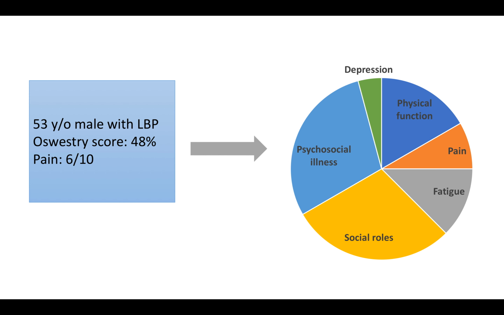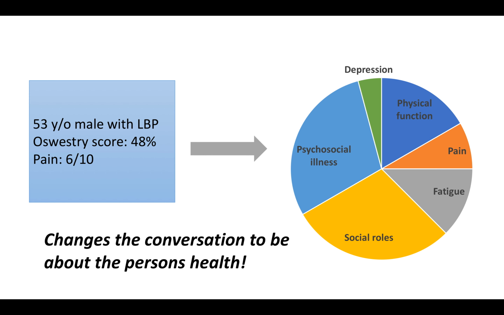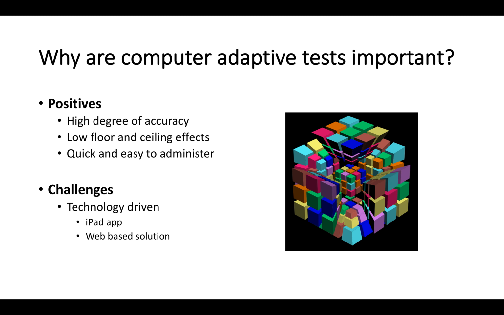Using the PROMIS assessments allows us to expand our conversation about health with our patients and hopefully improve our impact not just on their current condition, but on risk factors for other health problems, as well as reoccurrence of their current low back pain episode.